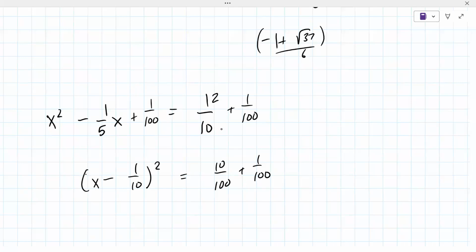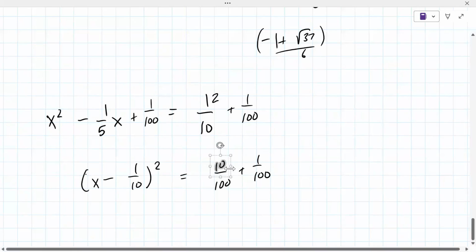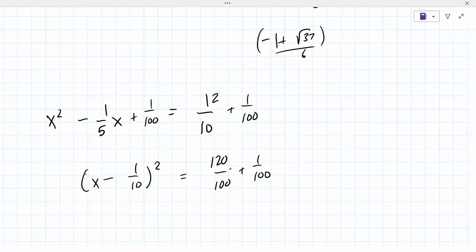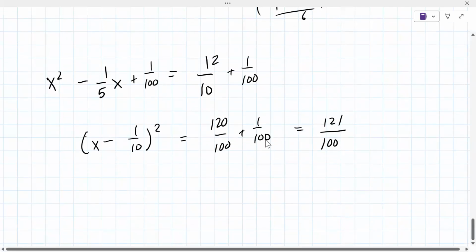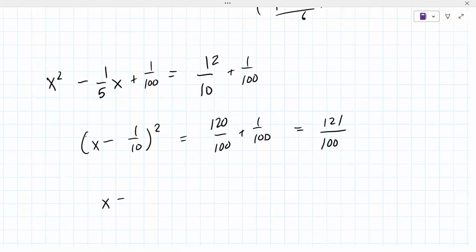Right, and then it'll work out nicely. Oh yeah, that does work out nicely.